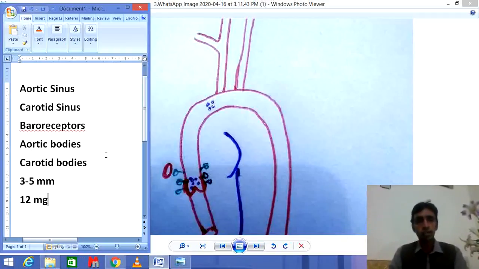The aortic bodies and carotid bodies contain a large number of small receptors. Just like I have made some receptors over here, but these are baroreceptors. But on the aortic bodies, a large number of small receptors are there, and those receptors are called chemoreceptors.